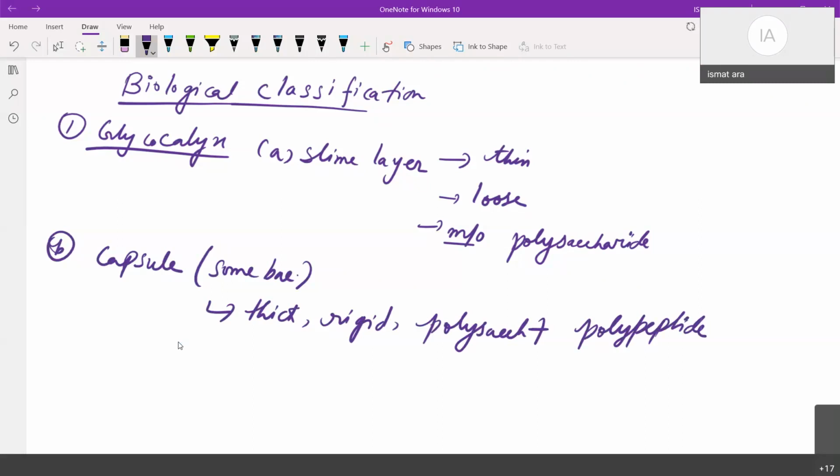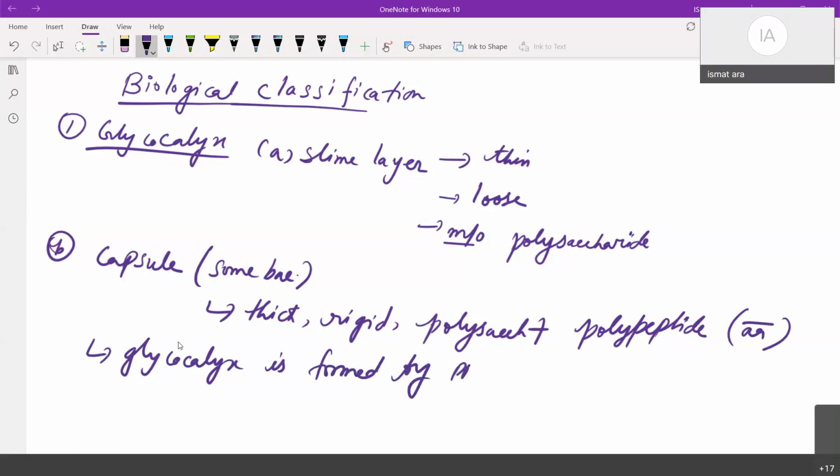Polypeptide means they are made up of amino acids. This glycocalyx is formed by the plasma membrane.